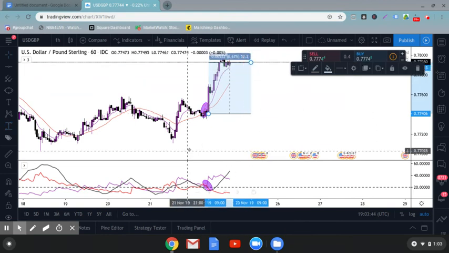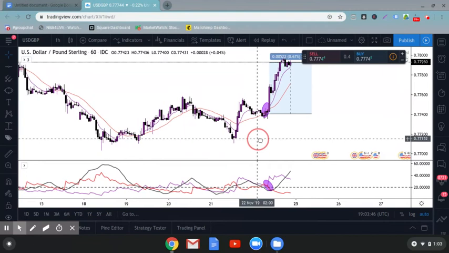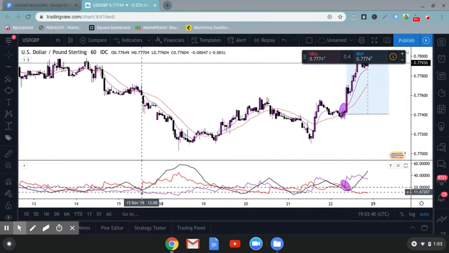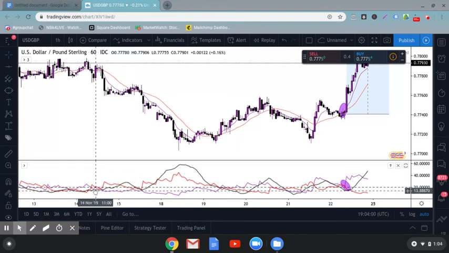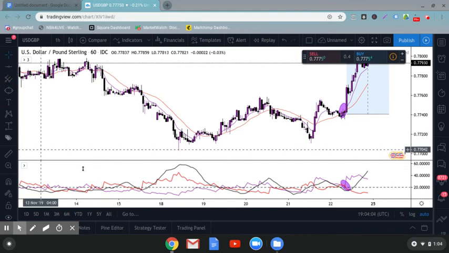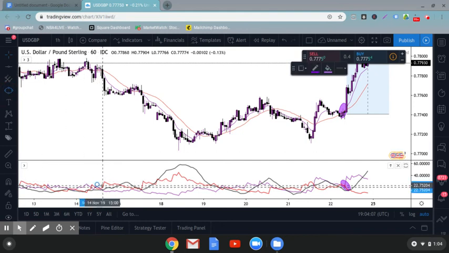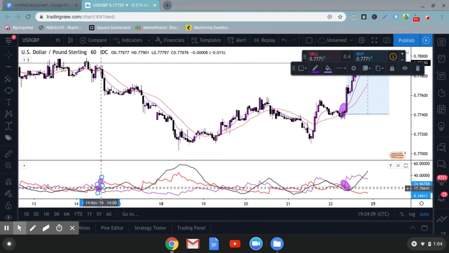Okay. That right there. Let's find another one. Okay, so here is a cross. See, the cross was here. A cross of the red and purple. Oh, damn, actually. See, the original cross was here. See right here.